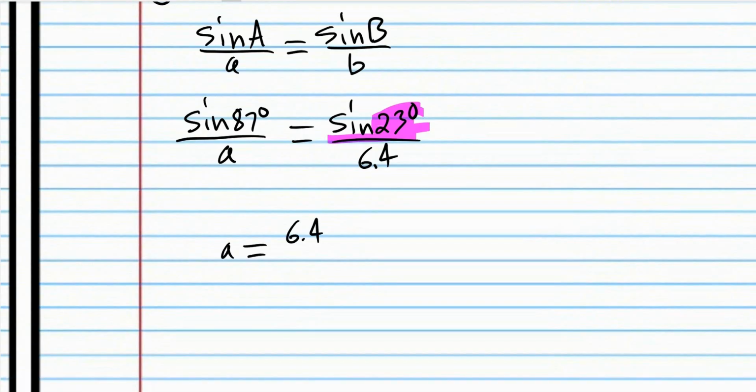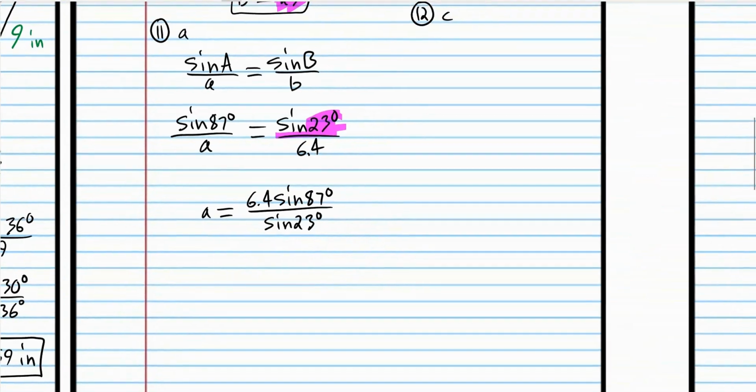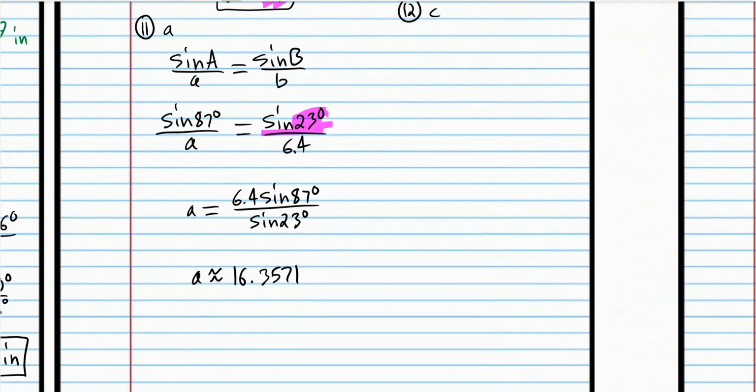We get 6.4 times sine 87 degrees over sine 23 degrees. So 6.4 times sine 87, enter, divided by sine 23, enter, and we get 16.3571 millimeters.